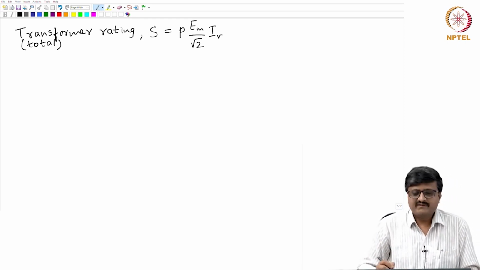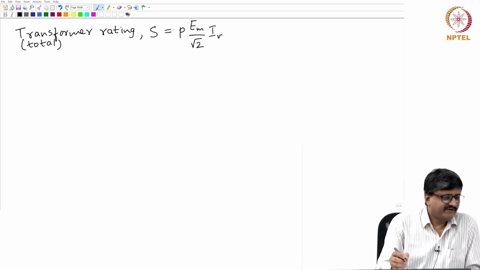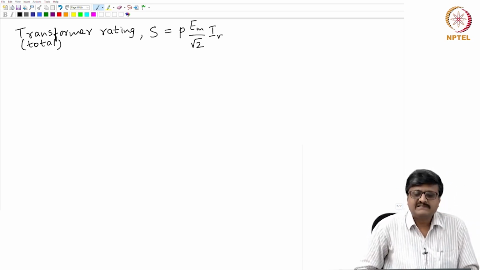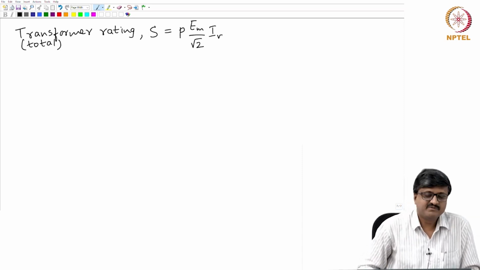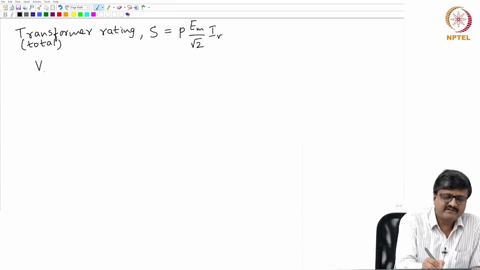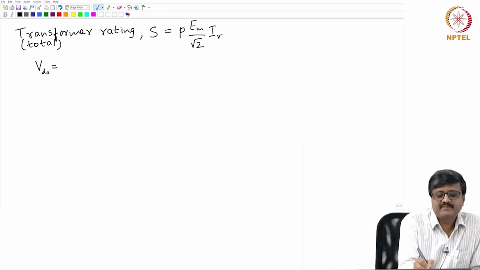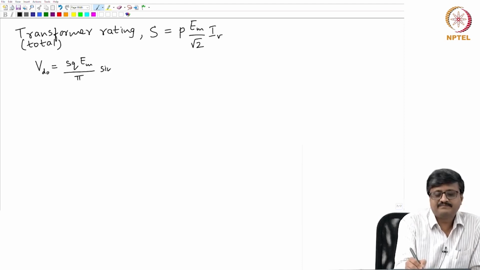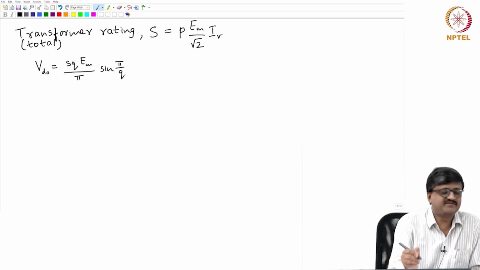Now, what we will do here is, we will also try to get the expression for EM in terms of VDO. Just recall, we derived an expression for VDO. What is VDO? VDO is SQ EM by pi sin pi by Q. VDO is the maximum average DC voltage.